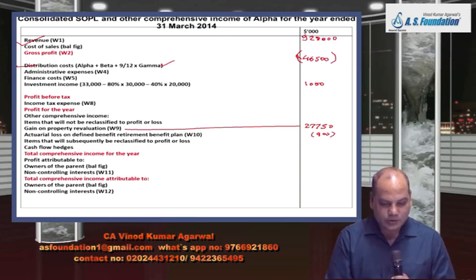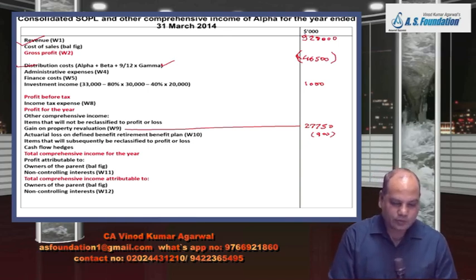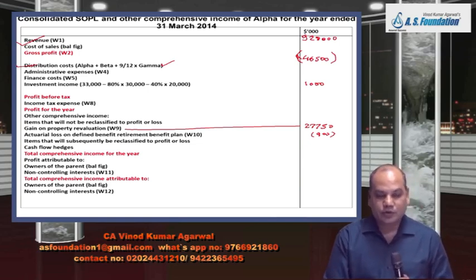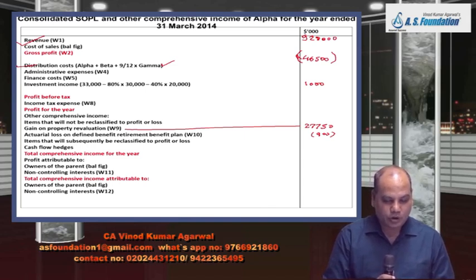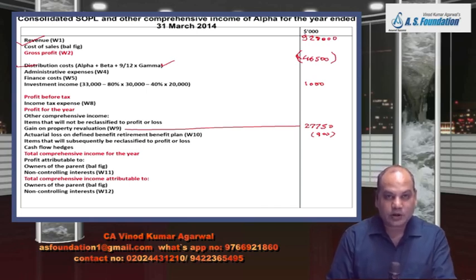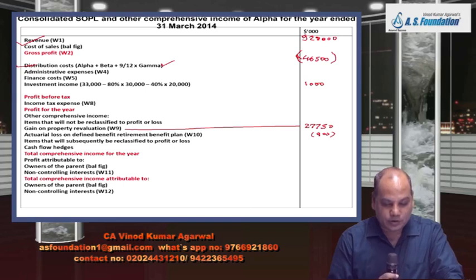Now last adjustment, hedge of the future property purchase. On 1st February 14, Alpha entered into a firm commitment to purchase a property on 31st May 14 for 40 million euro. In order to eliminate the impact of currency fluctuation, on 1st February 14, Alpha entered into a contract to purchase 40 million euro for 48 million euro on 31st May 14.